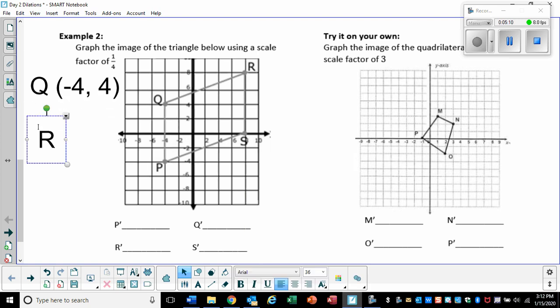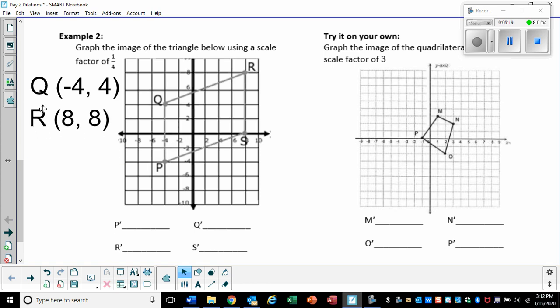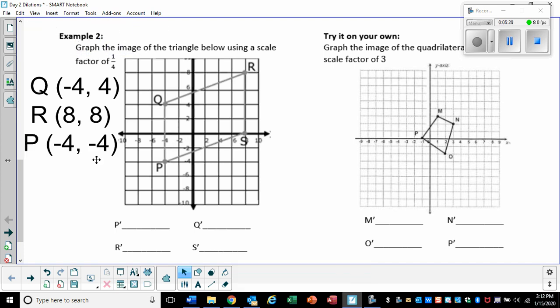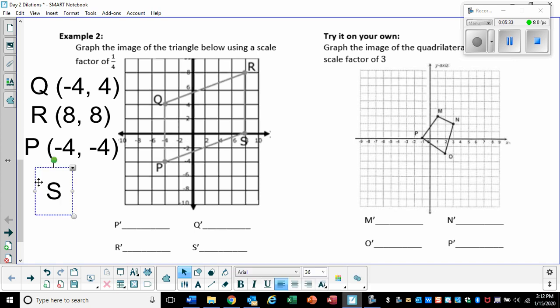R is at 8, 8. P is at -4, -4. And S is at 8, 0.